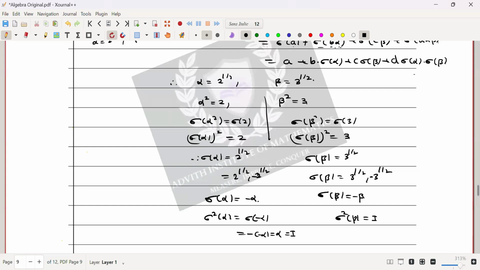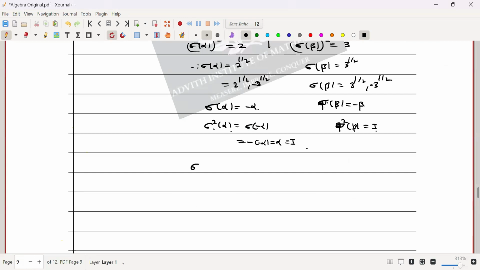So sigma square is identity. Otherwise, from sigma we define tau, where tau of beta is equal to minus beta. So tau square is identity. So how have we defined sigma? It maps 2 power 1 by 2 to 2 power 1 by 2.